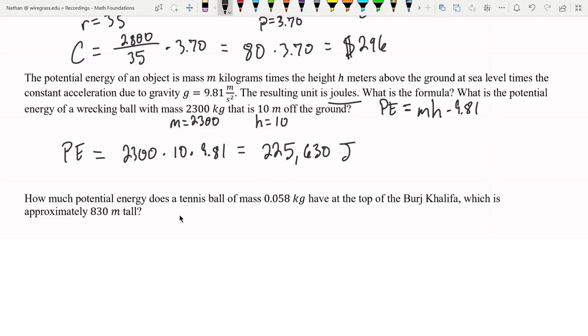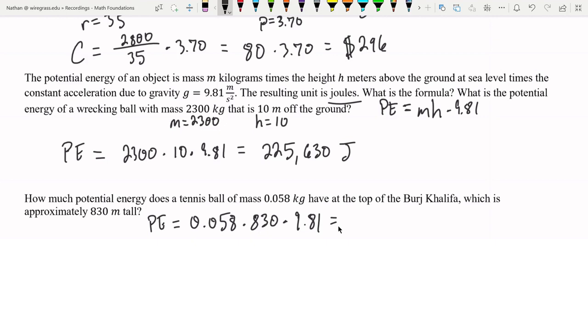How much potential energy does a tennis ball of mass 0.058 kilograms have on top of the Burj Khalifa, which is 830 meters tall? So potential energy is the mass times the height in meters times the acceleration due to gravity.